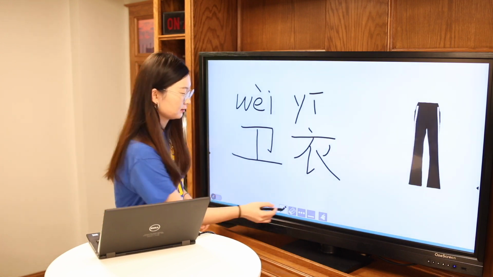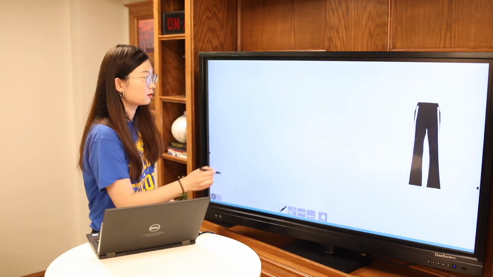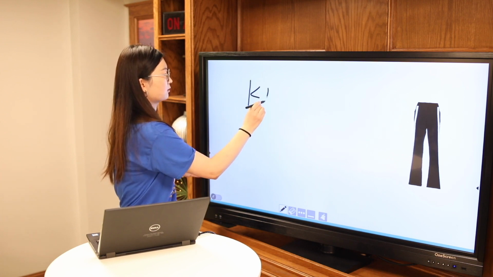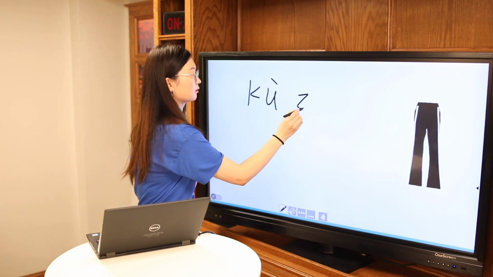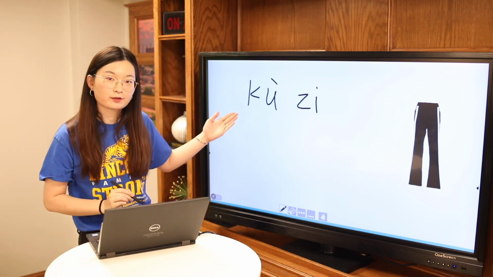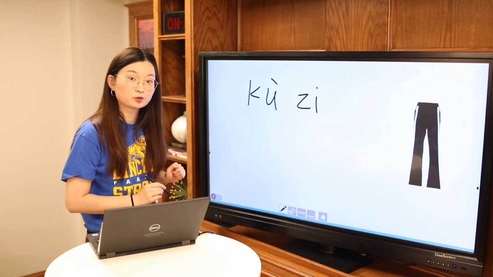Then next one we have 裤子. So 裤 with the fourth tone, 子 is toneless. There's no tone mark on it.